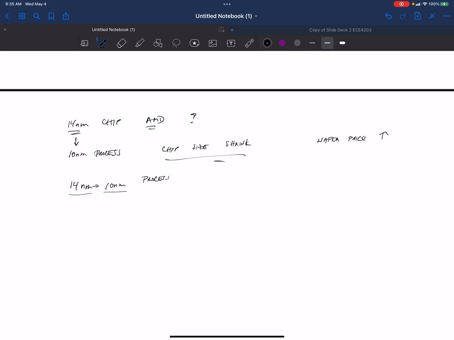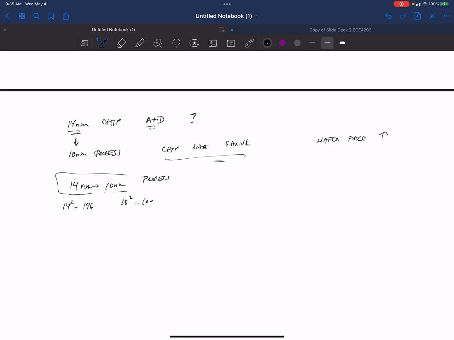Okay, so the question is, if they're going from 14 nanometers to 10 nanometers on a side, what does that mean to the area? So let's just look at it. You've got to remember that it's area, not just a single dimension. So, 14 squared is 196 and 10 squared is 100.